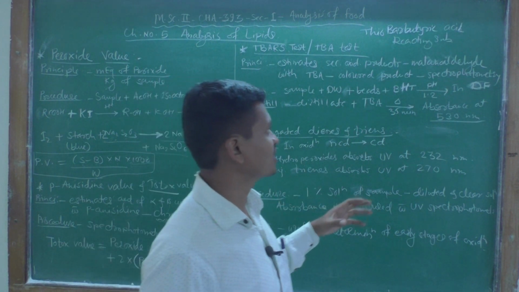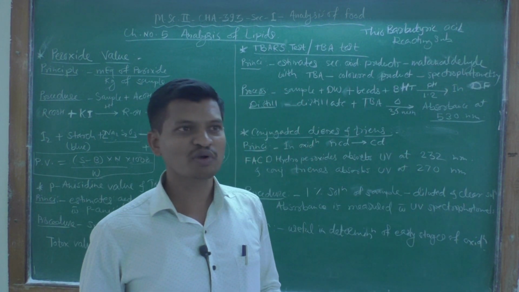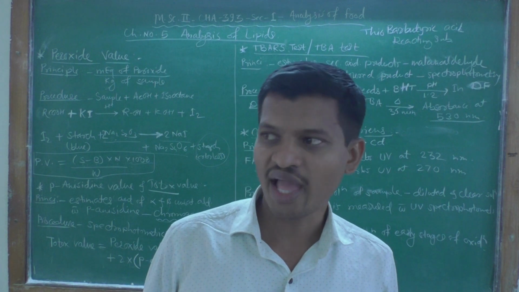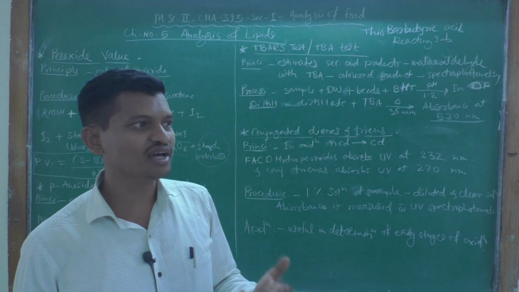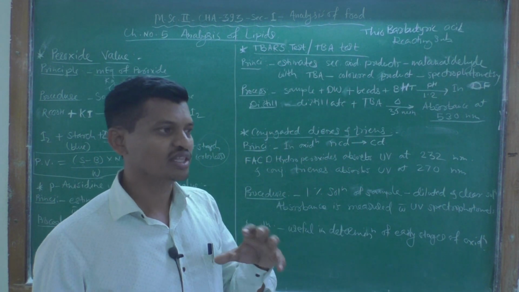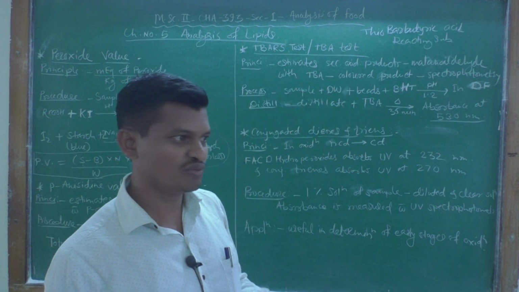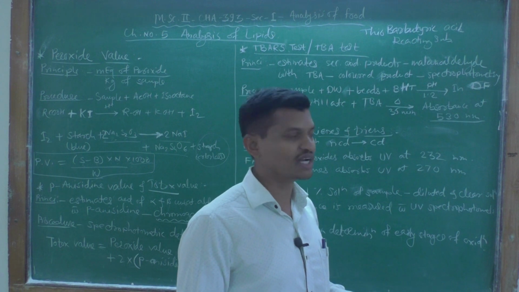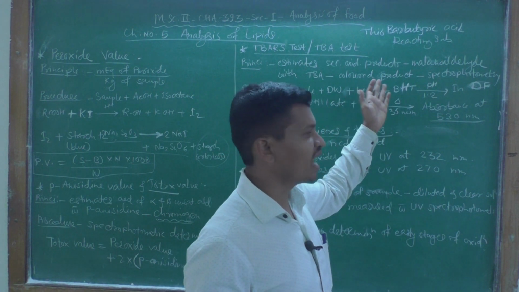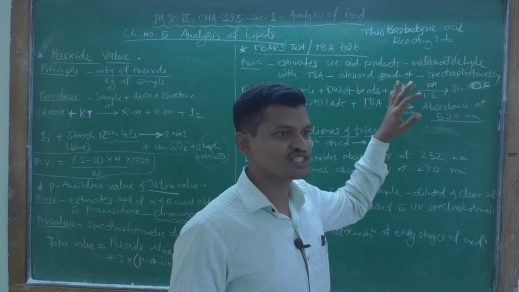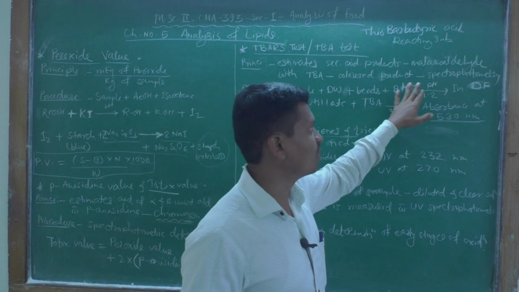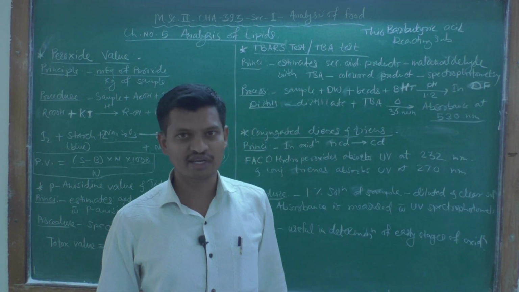We know that all colored products are spectrophotometrically active, because they absorb radiation in the UV and visible spectrum of electromagnetic radiation. So we can determine such substances by spectrophotometric determination.